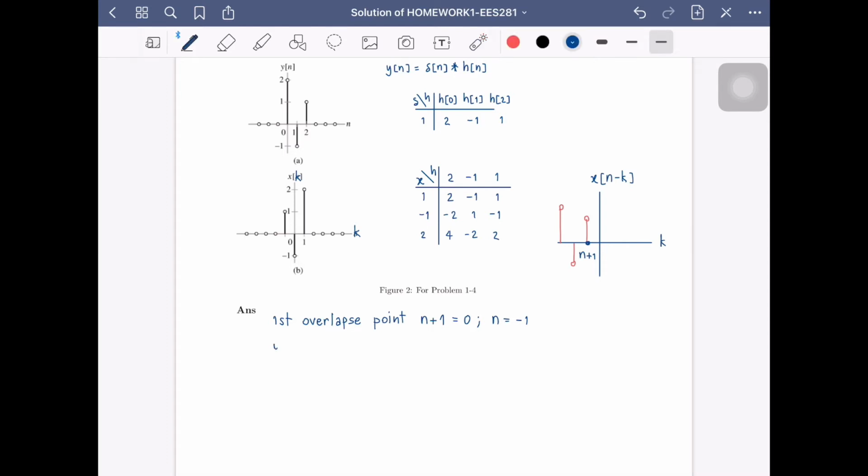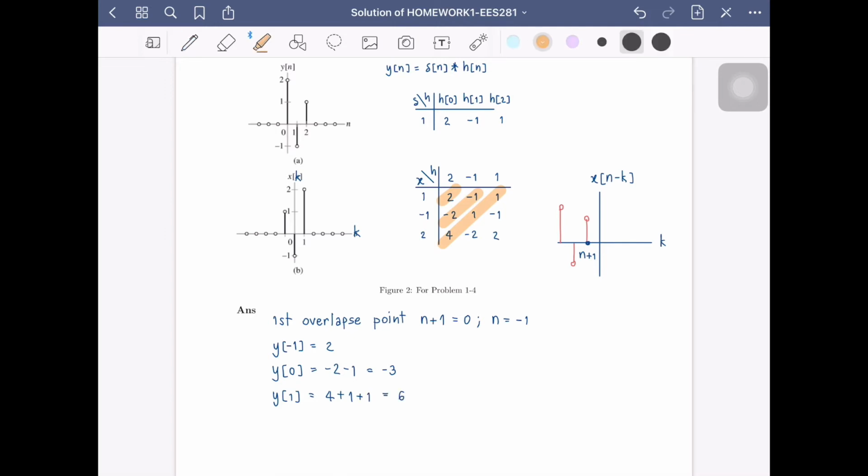Then the first point is y[-1], and we sum this value, which is equal to 2. The next one, y[0], we sum this one, which is -2 minus 1, equal to -3. y[1] is equal to the sum of these values, which is 4 plus 1 plus 1, equal to 6.